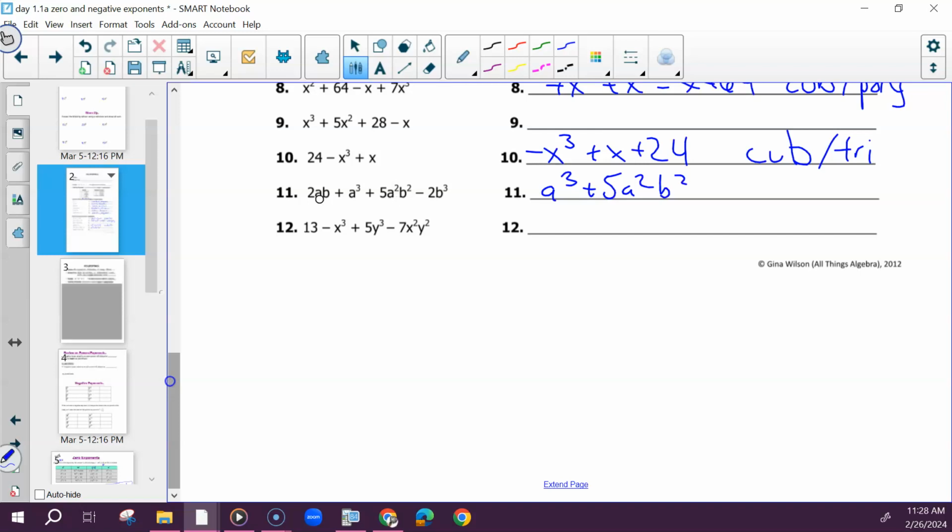Then you still have something with an A, so then 2AB, and then you no longer have A, so then you could do the negative 2B. So ABC order first, then highest exponent.